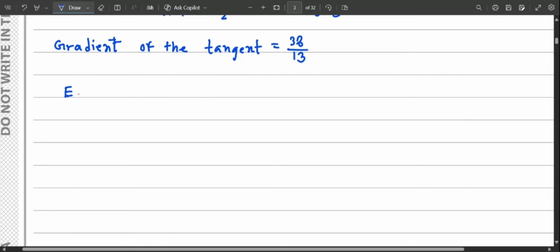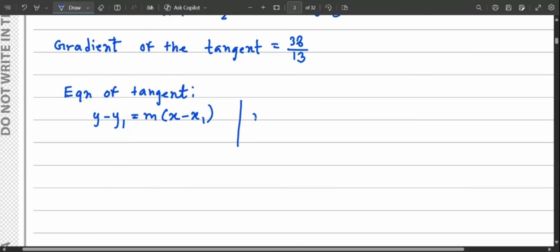Now we can write down the equation of the tangent. We know that the general formula for finding the equation of a line is y minus y1 equals m times (x minus x1). We know that m, the gradient, is equal to 38 by 13.